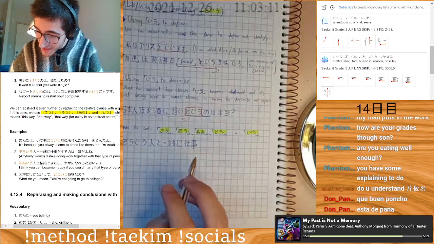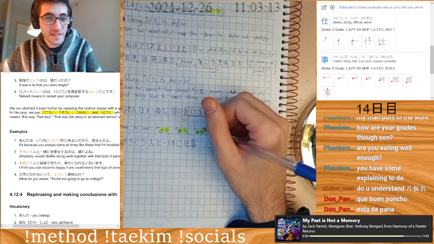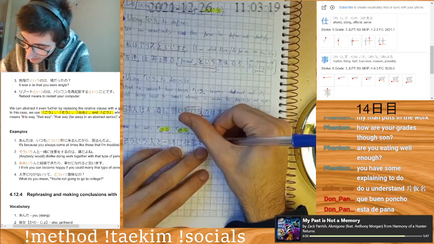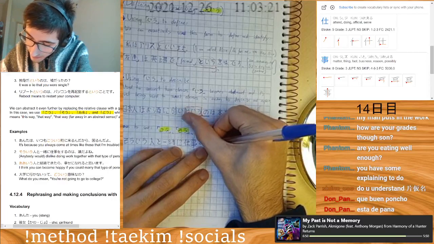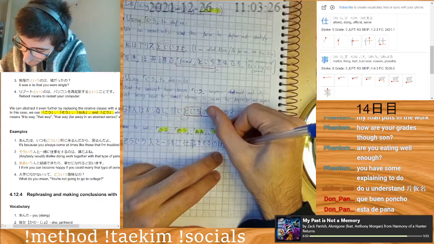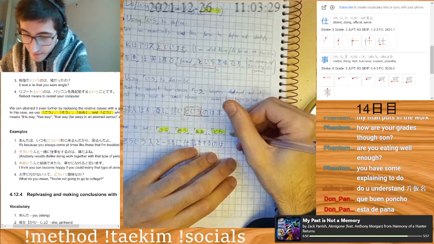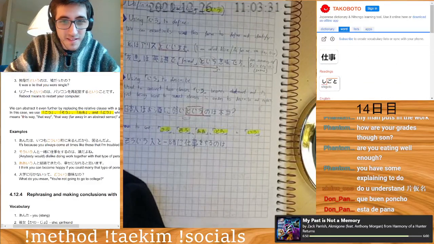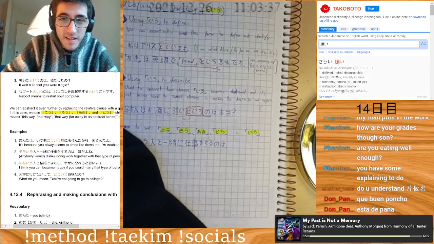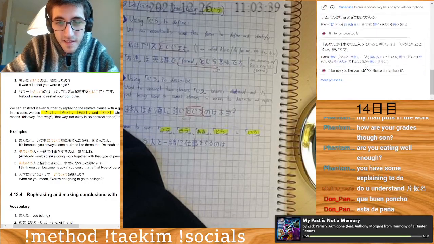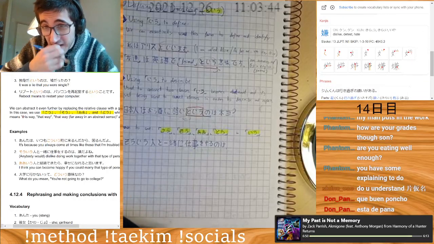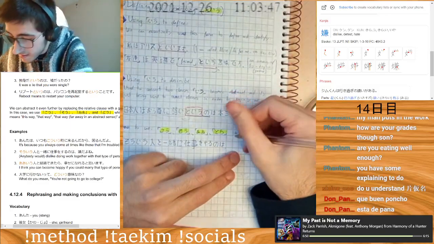そういう人と一緒に仕事をするのは嫌いだよね。をするのは嫌い。ちょっと嫌い。It's not that hard of a kanji.